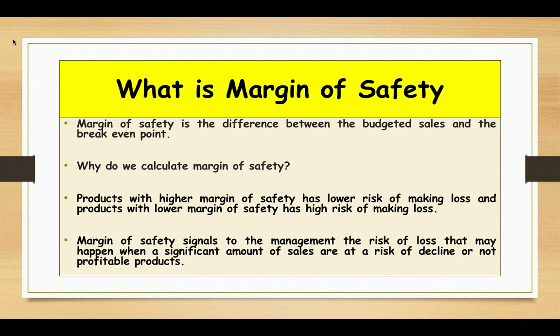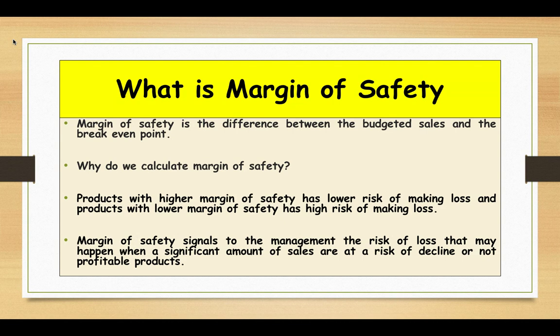But the common cause for lower margin of safety is higher fixed cost. Now we are going to look at the final point. Margin of safety signals to the management the risk of loss that may happen when a significant amount of sales are at a risk of decline or not profitable products.